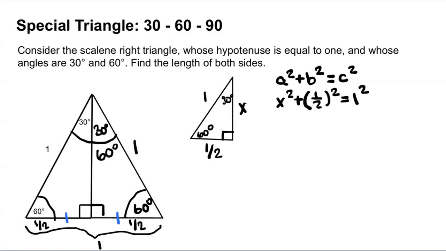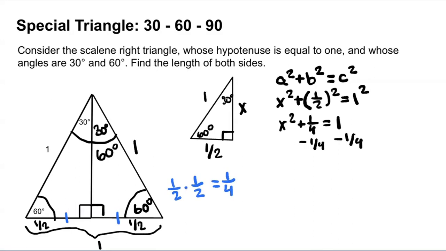This 1/2 squared is the same thing as 1/2 times 1/2. Multiplying that straight across is 1/4. So we have x squared plus 1/4 is equal to 1. We subtract 1/4 on both sides to isolate x, and get x squared is equal to 3/4. Similarly to our previous example, we take the square root of both sides.